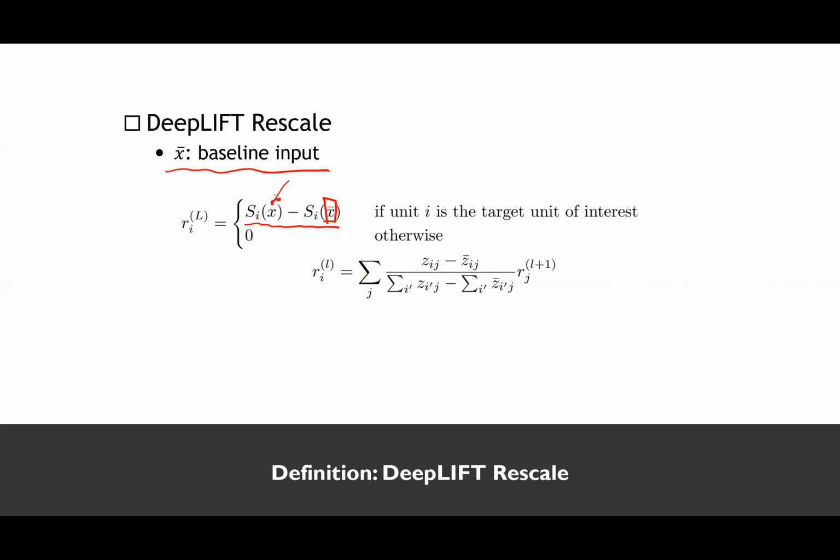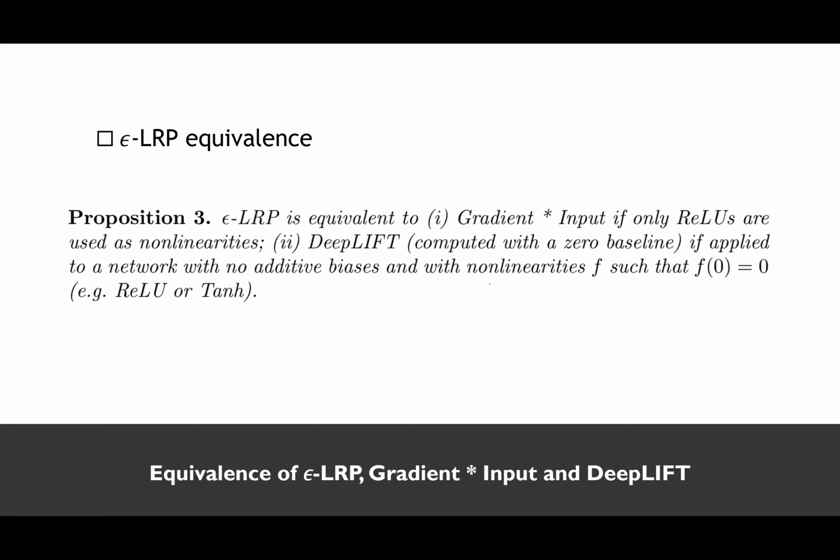So this is input and the SC is a contribution to the final classification output score for the X. And we subtract the baseline input in the final layer and also in the previous layers, in each layer, and we take the baseline value for z and subtract to make this value correct in terms of finding the gradient. So if it is the case, then we can say that epsilon LRP is equivalent to gradient times input, if only ReLU is used as nonlinearity. That is what we have shown.